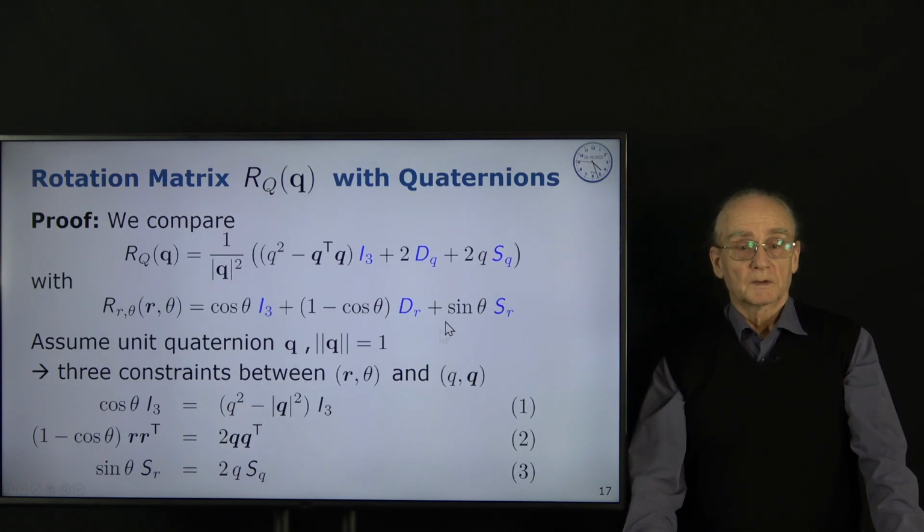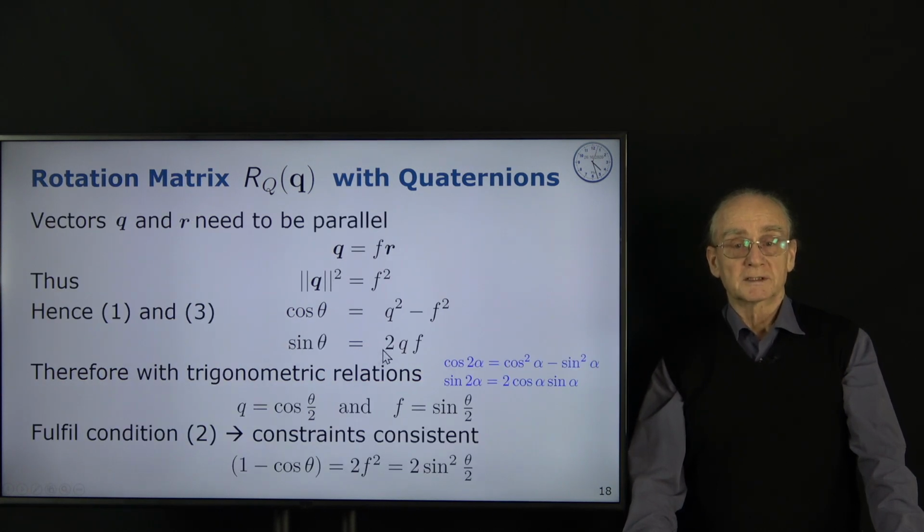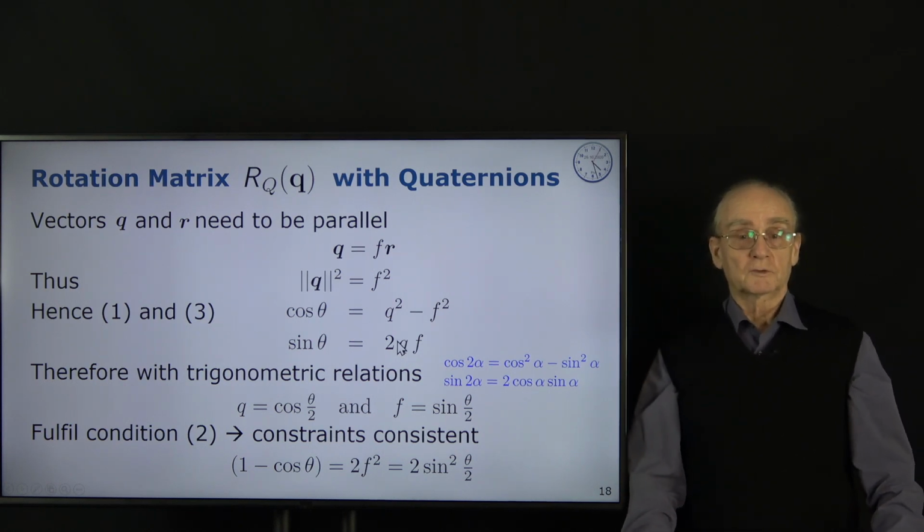The third constraint says the sine of theta should be 2 times Q multiplied, the difference between SR and SQ is the factor F, so it should be 2 times Q times F. Okay, now we have to solve this equation.